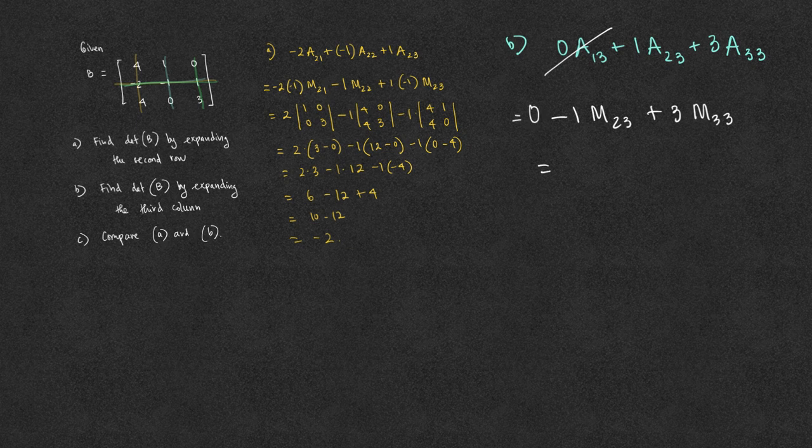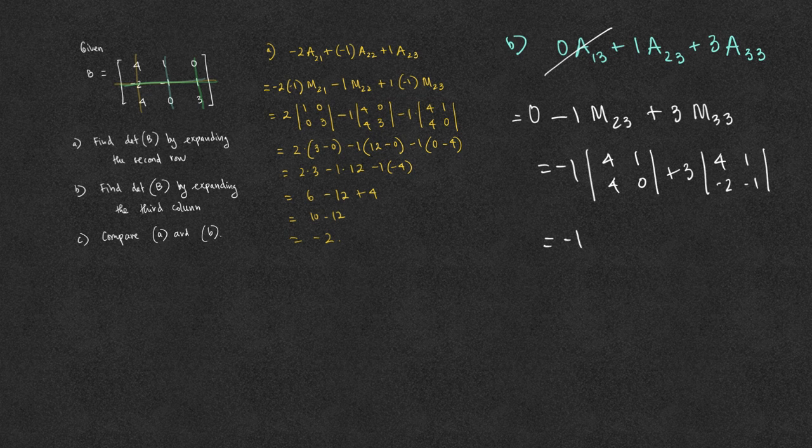This is negative 1 times the minor 23. With the second row and third column crossed out, the remaining matrix is 4, 1, 4, 0, plus 3 times the minor 33. For the minor 33, we cross out the third row and the third column, and we end up with 4, 1, negative 2, negative 1.